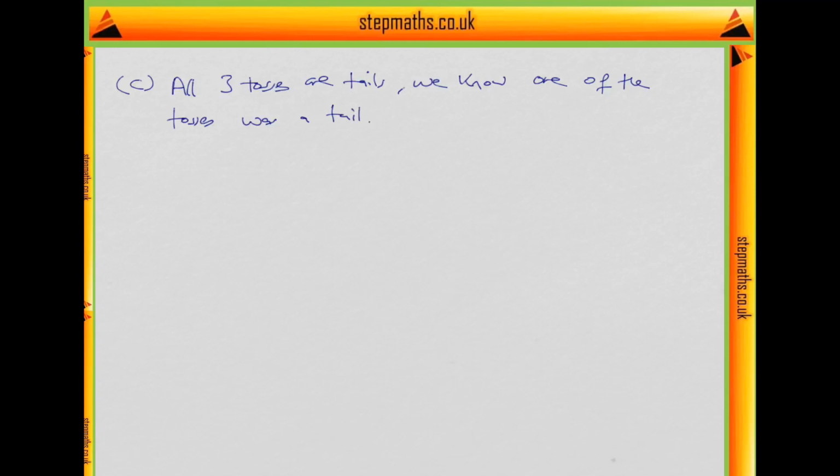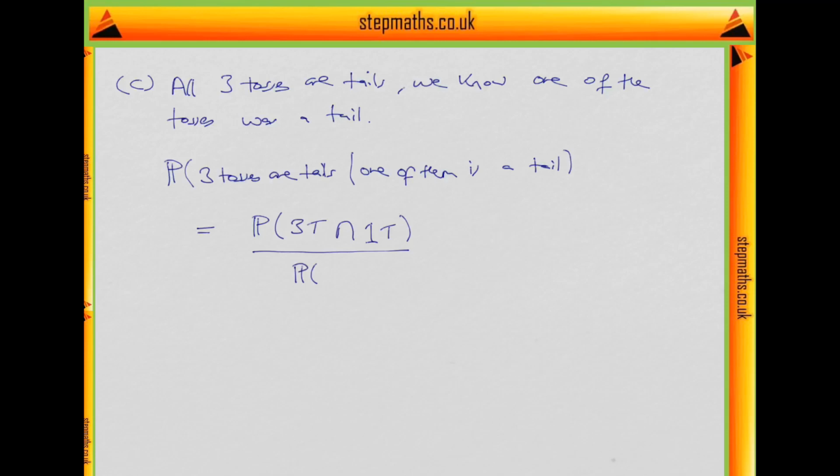So what this means is we want the probability that 3 tosses are tails given one of them is a tail. We know our formula for conditional probability. So we want the probability of 3 tails and 1 tail, divided by the probability of 1 tail.